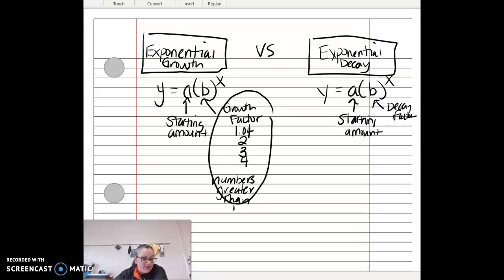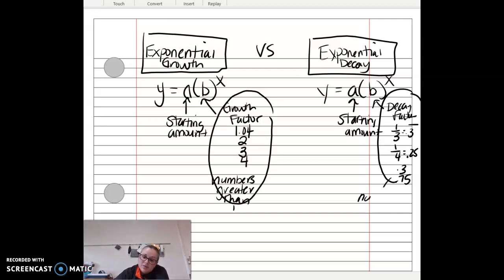If it's a decay factor, we used fractions like 1/3, which is 0.3 repeating. We used 1/4, 0.25. We used 0.75. These were numbers that made our tables decay.